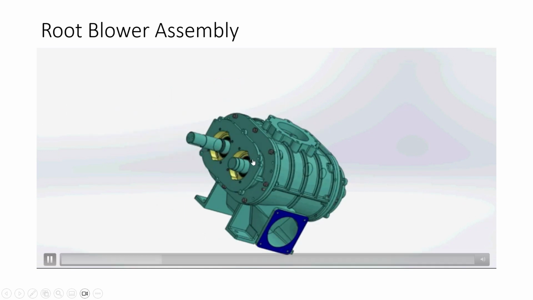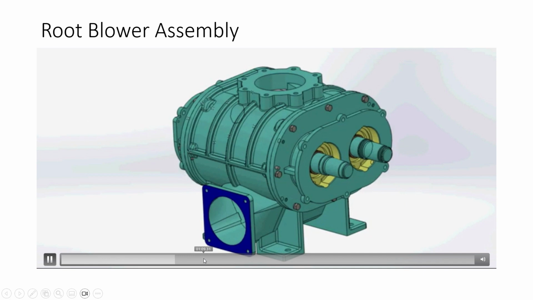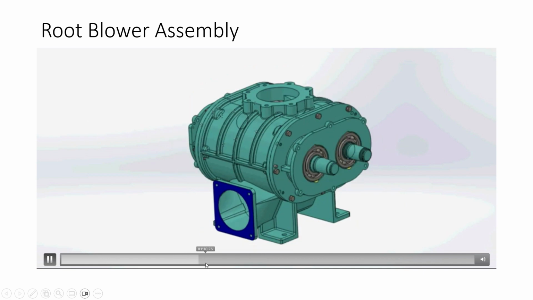Then we will be putting the locks here, and after that we will be putting the bearings on both the sides, and after putting the bearings we will be boxing it up after putting bearing shields and other things.